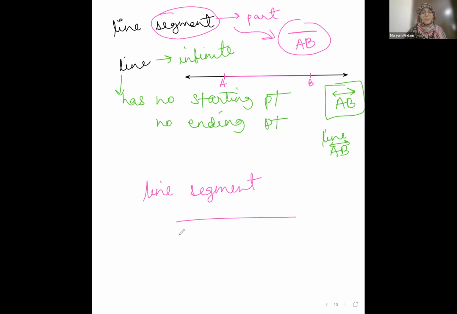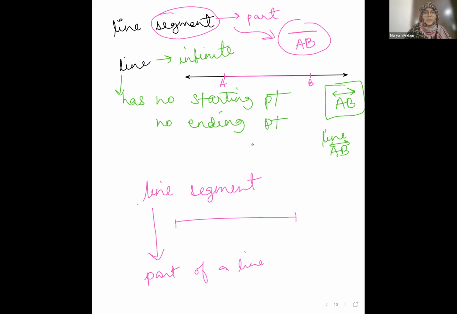You can measure it. You can take your scale, your ruler, and you can measure it from here to here. You're asking what does the segment mean? When I say line segment, what I mean is it is a part of a line, because segment means part.